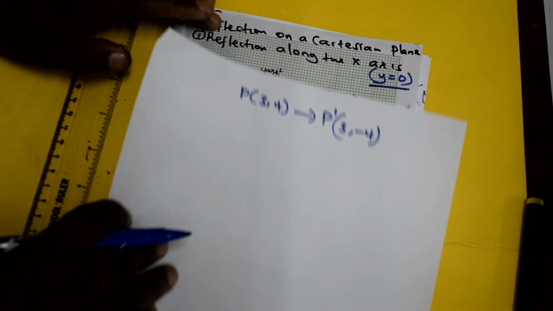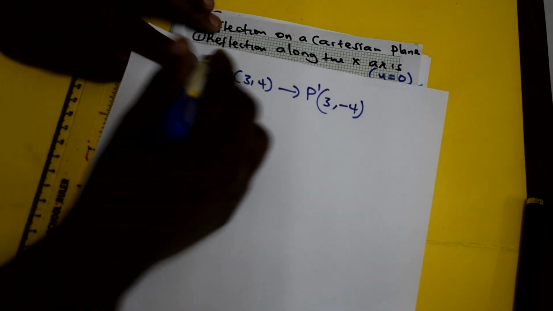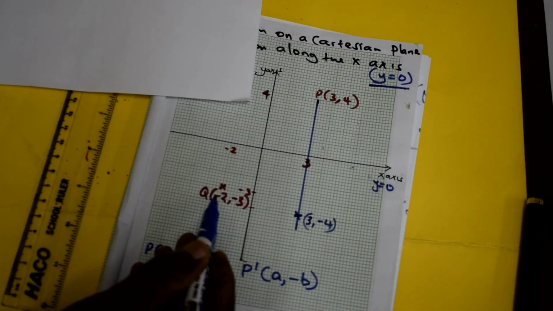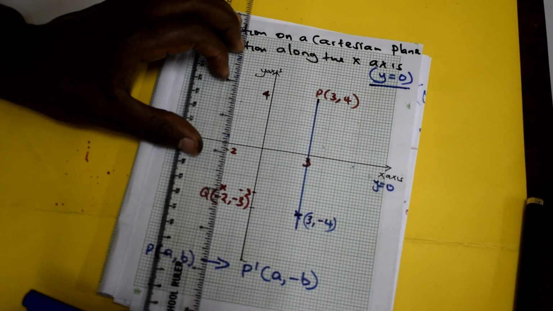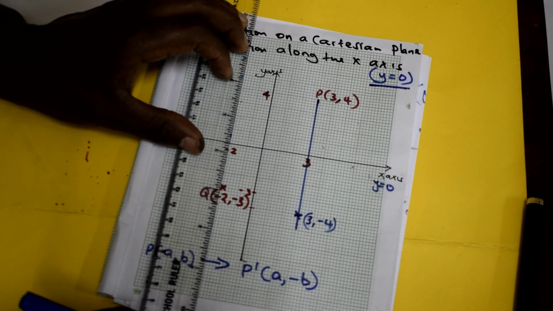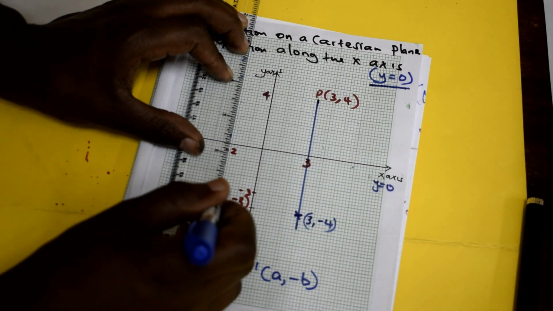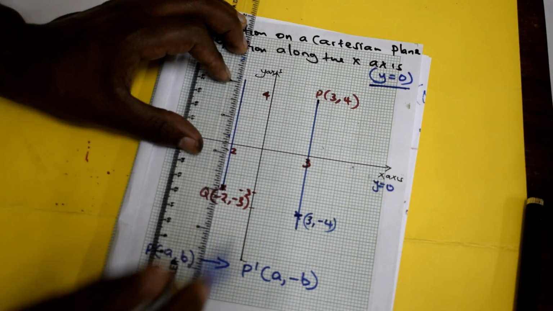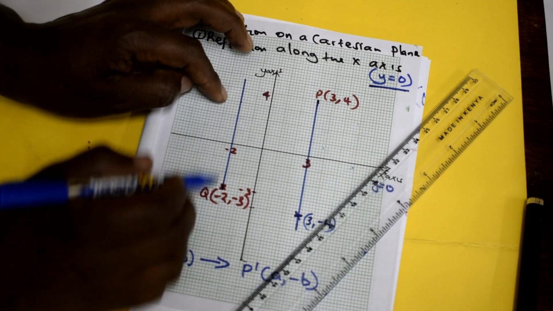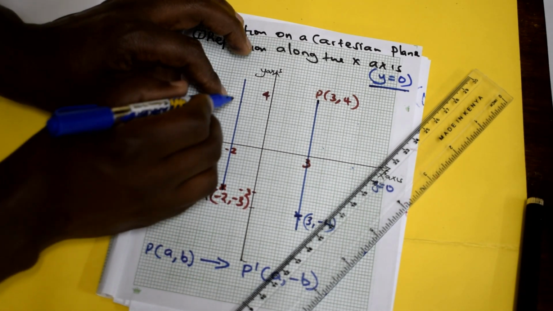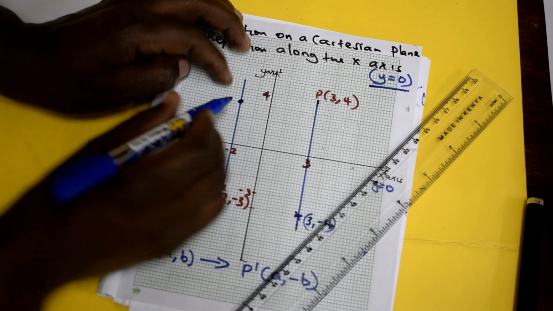So we can try another one. We have Q, and Q is (-2, -3). And since the mirror line is the x-axis, therefore it will be formed on the upper side of the line, and these are 3 units below the x-axis, so it will also be 3 units above the x-axis.